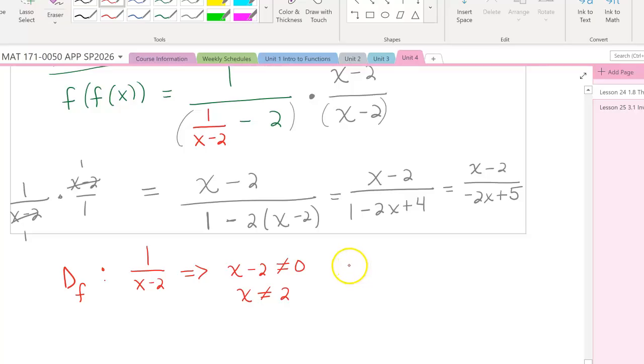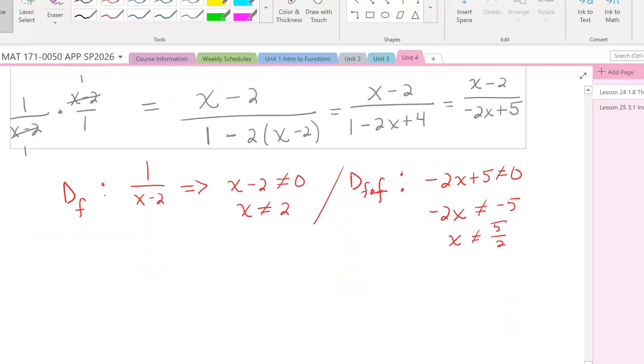And then to look at the domain of the embedded function, which is this, I say the denominator can't be 0 again, so negative 2x plus 5 cannot equal 0. So negative 2x cannot equal negative 5, or x cannot equal 5 over 2.